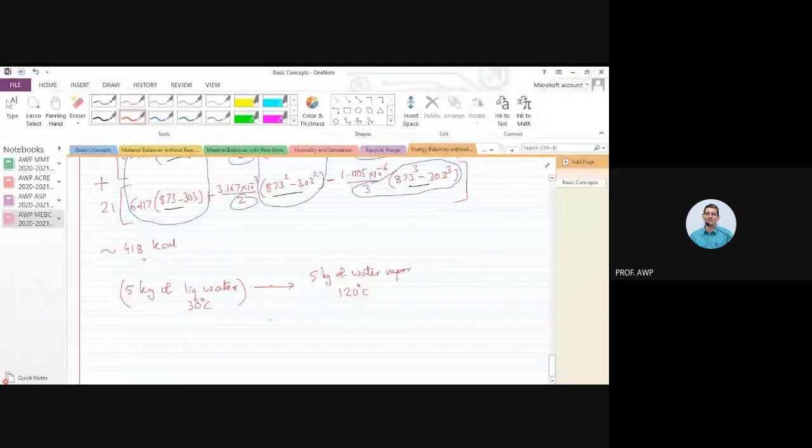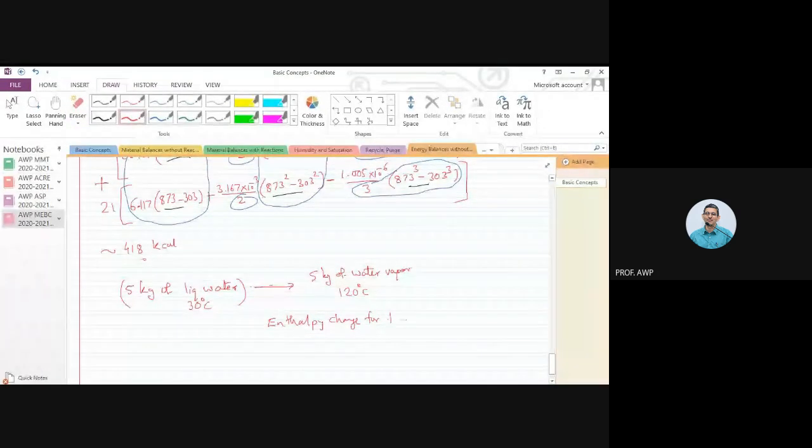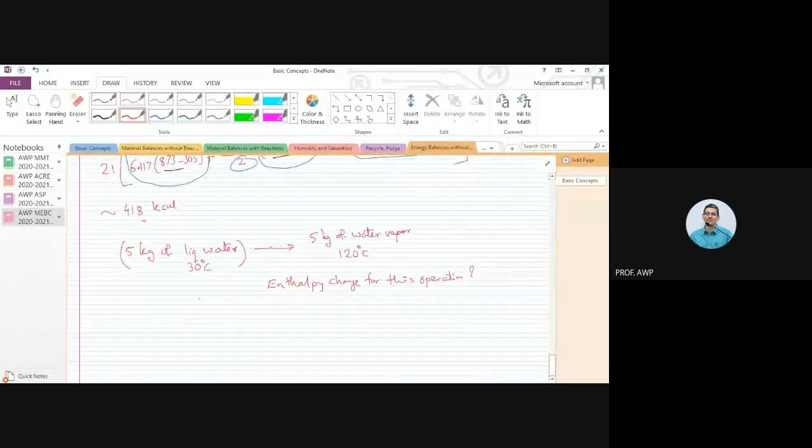Okay. Can you tell me what is the enthalpy change for this operation? You can assume that Cp is constant.